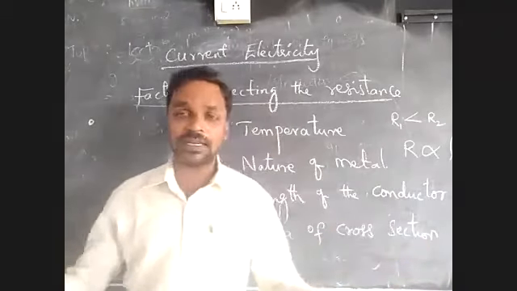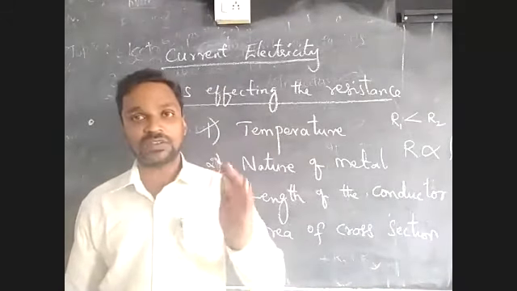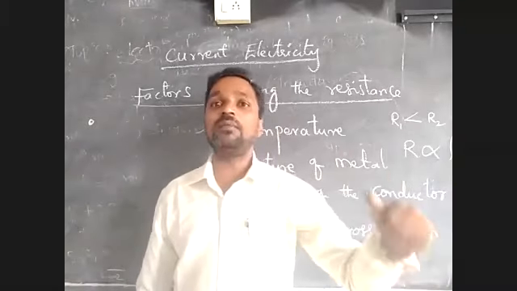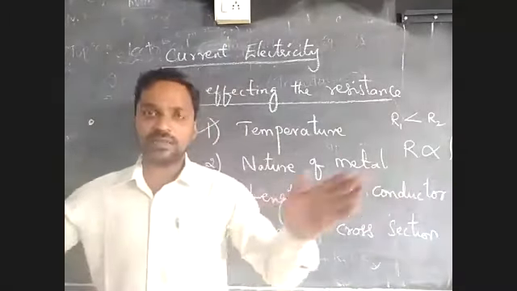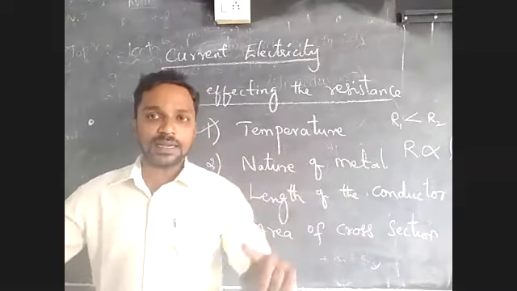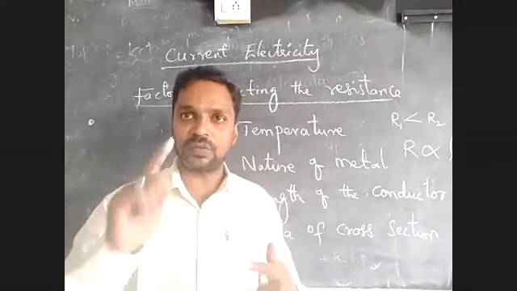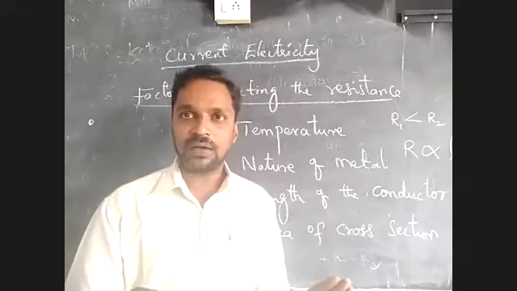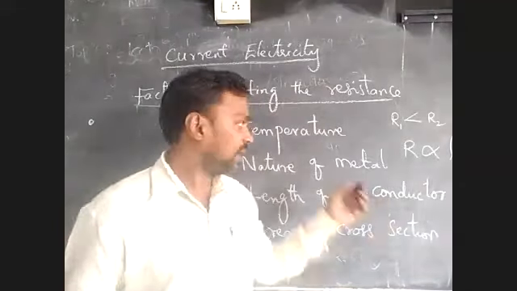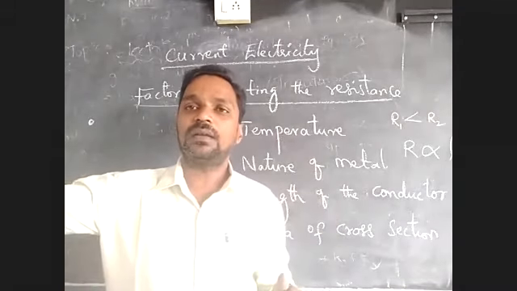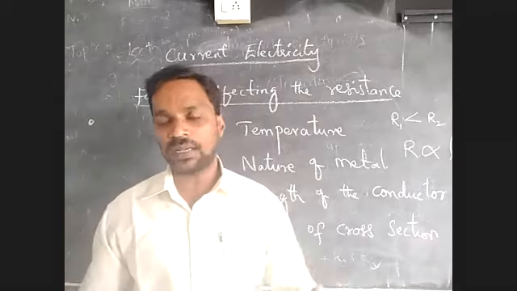This is the statement here. If you take 3 meters, the electrical resistance will be more than for 2 meters. If you take 100 meters, it will be still more, provided the temperature and, second thing, the area of cross section are maintained the same. Same metal and same temperature, but only the length varies: 1 meter, 2 meter, 100 meter.